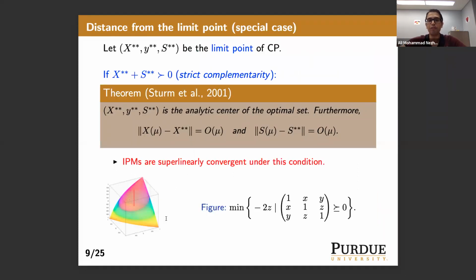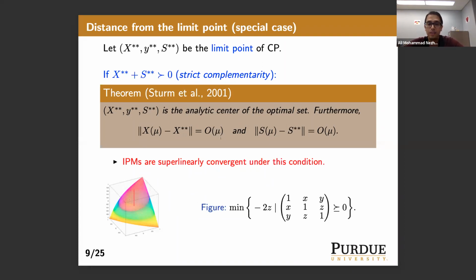But what happens if we have the first nice condition which I mentioned at the beginning, strict complementarity? If the limit point of the central path satisfies this property, then first of all, the limit point is proven to be the analytic center of the optimal set, and we have Lipschitzian bounds on the distance from the limit point.